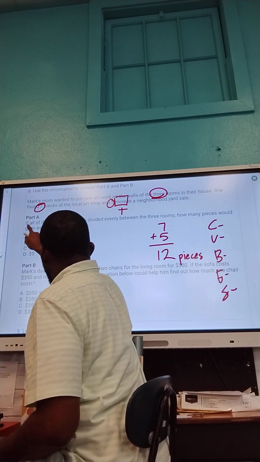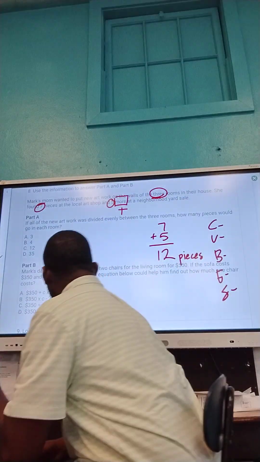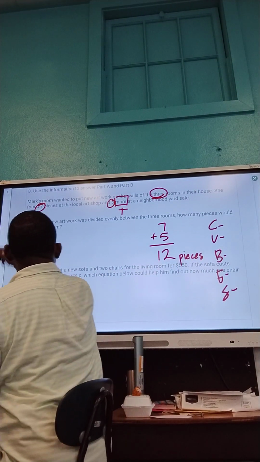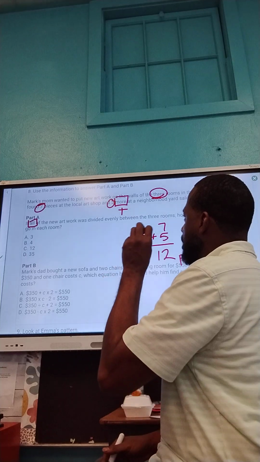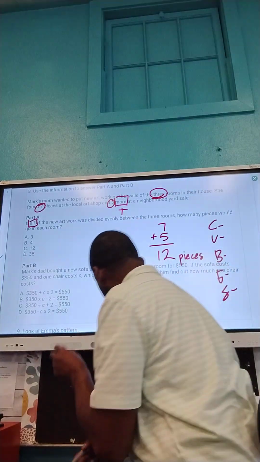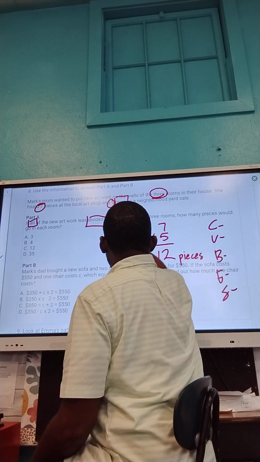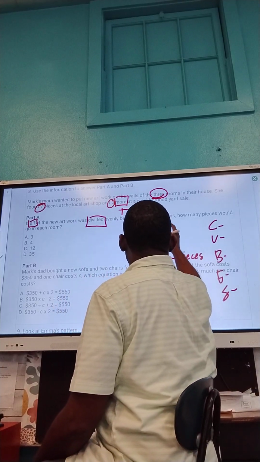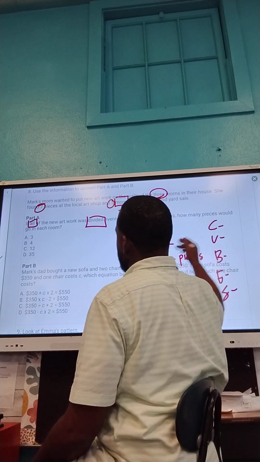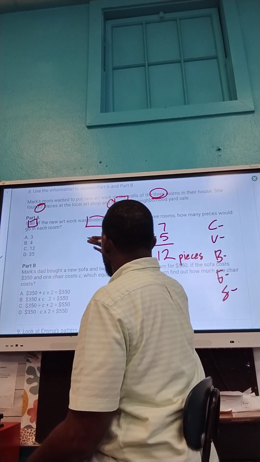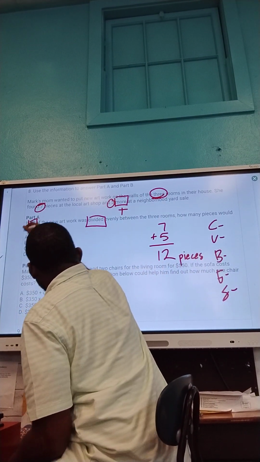All right, now, let's read on. If all of the new artwork was divided evenly between the 3 rooms, how many pieces would go in each room? Now watch this. Let me show y'all something.